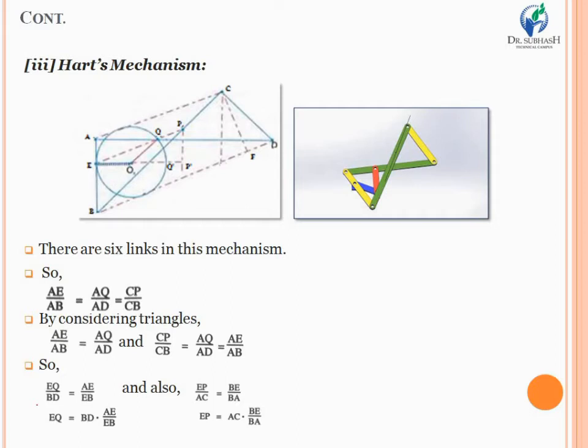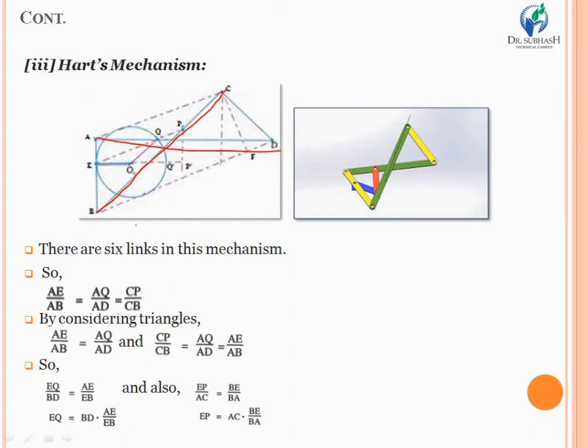Generally, the dimensions of such links are such that AB is always equal to CD, whereas AD is always equal to BC.